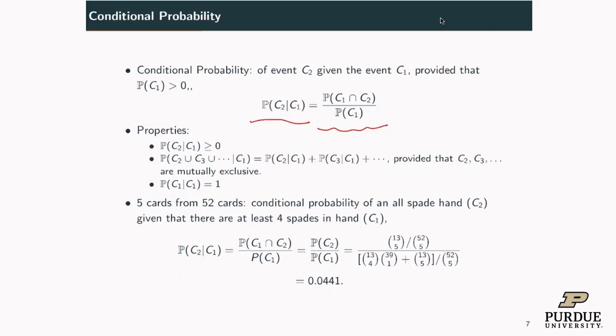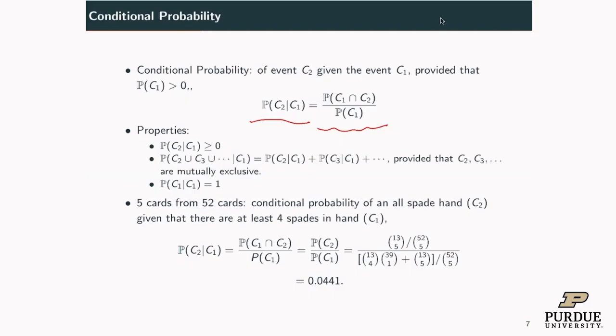Probability C1 given C1: we know C1 happens, so what's the probability of C1? Of course, it's 1. You also can verify this by definition very easily. So this is the definition of conditional probability. We know C1 happens. What's the probability of C2?